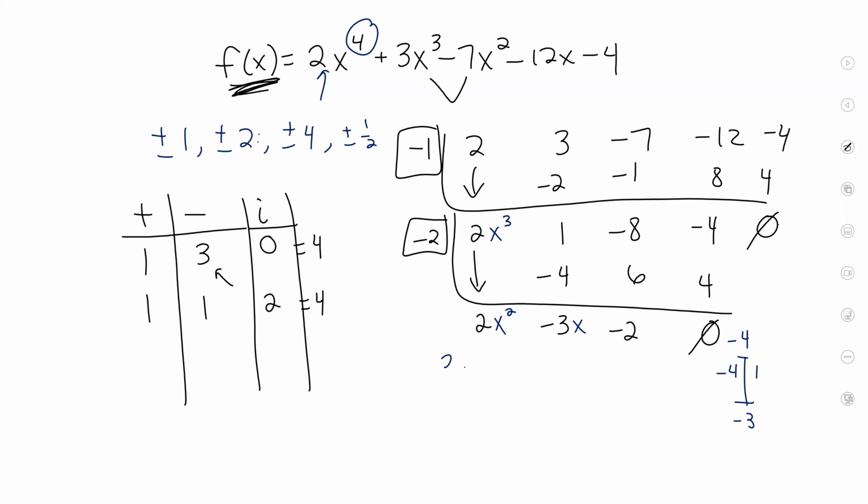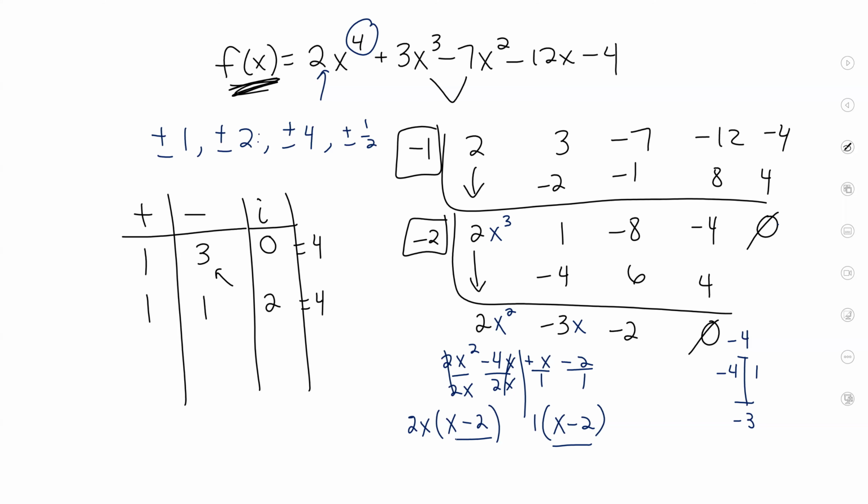So this will be 2x squared minus 4x plus x minus 2. Split it down the middle. Divide by 2x. Those 2's will cancel. I'm left with x. Divide these both by 1. 1's on the outside. These match.